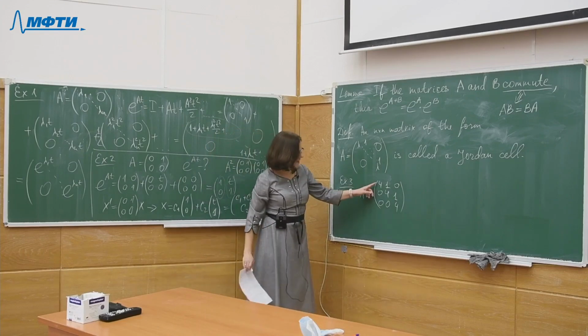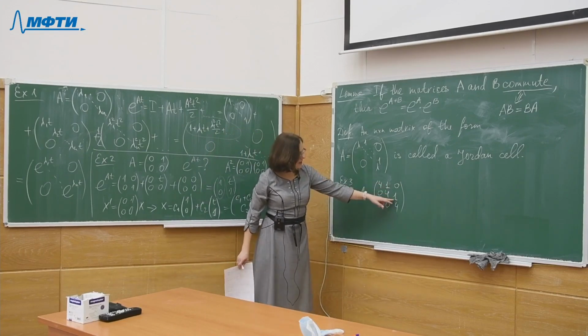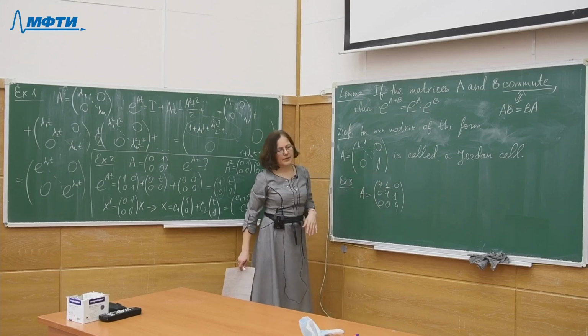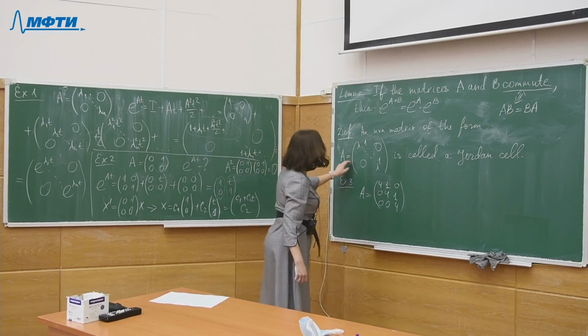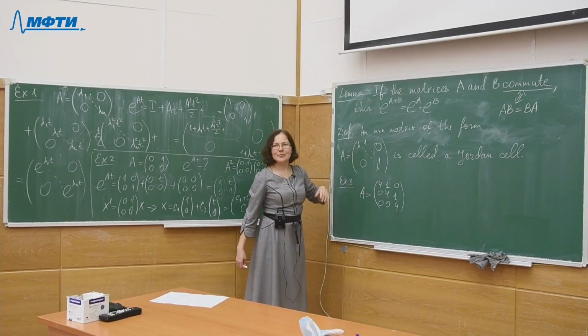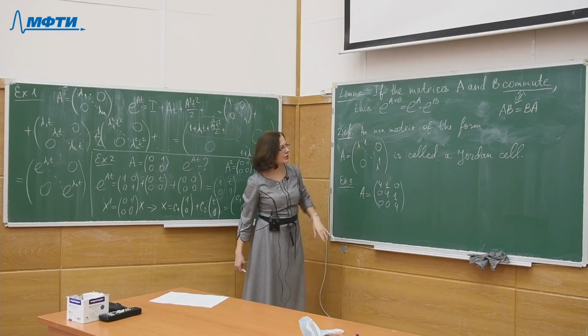You can see the number 4 on the main diagonal, and ones just above the entries on the main diagonal, and zeros elsewhere. So a matrix with lambdas on the main diagonal, ones just above the entries on the main diagonal, and zeros elsewhere is called a Jordan cell.